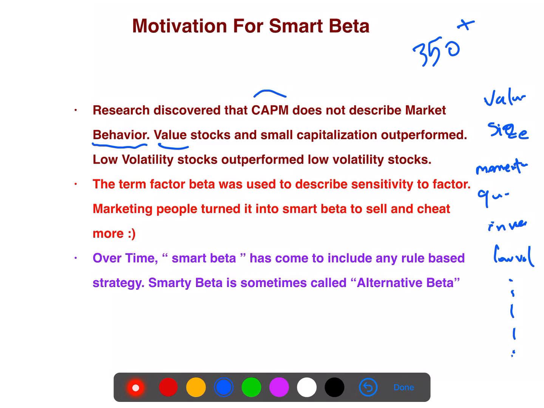So you see that if you use principal component analysis, you can reduce the number of your factors from 350 to maybe only 6 factors.